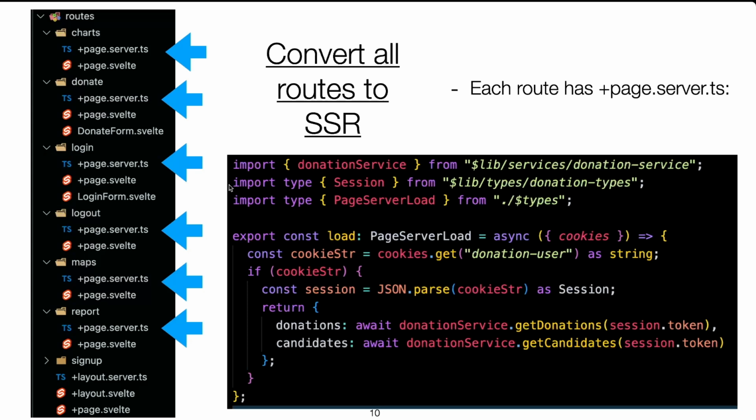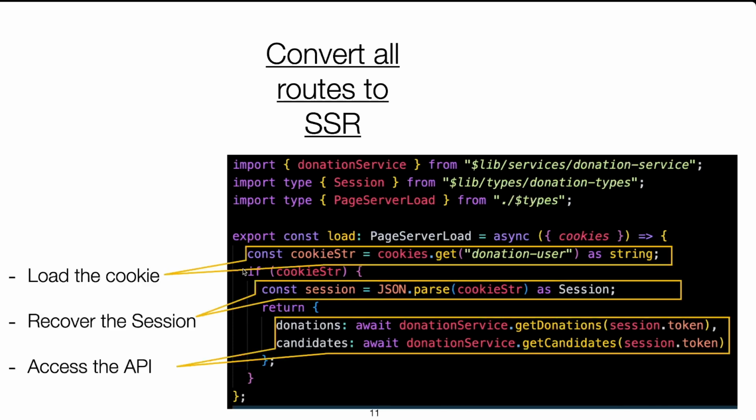So most of our page.server.ts might be structured something like what you see here, the page server load. First thing to do is load the cookie. So we are having passed to us by the framework a handle to access the cookie. If we do have a cookie, we parse it out. It's coming from the JSON format, which we're converting into an object.